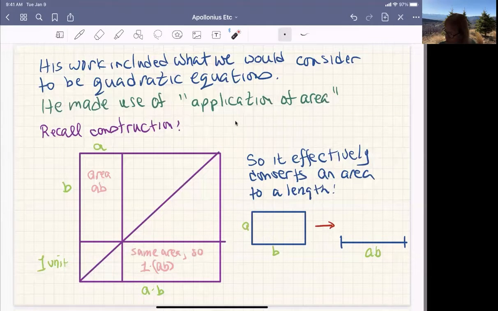If the height is 1 and the area is A times B, then this length must be A times B. And this is the reason why this construction is called application of area, because it converts an area into a length.